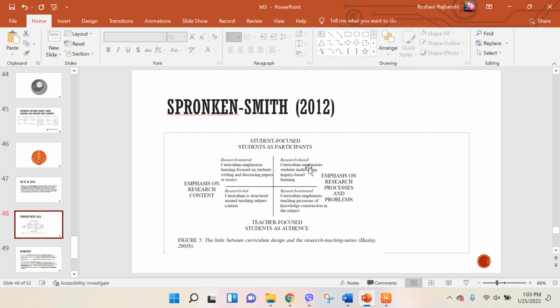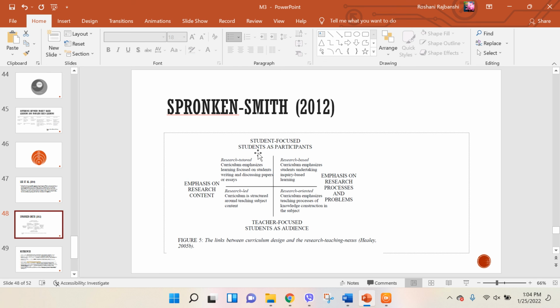So here in this quadrant, I would say research-based curriculum emphasizes students undertaking inquiry-based learning, whereas in the teacher focus and emphasis on research process and problems, these are research-oriented. Curriculum emphasizes the teaching process of knowledge construction in the subject.